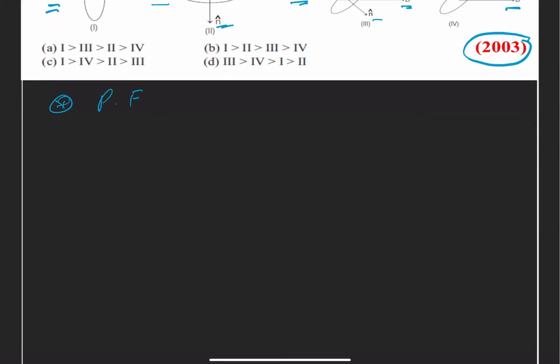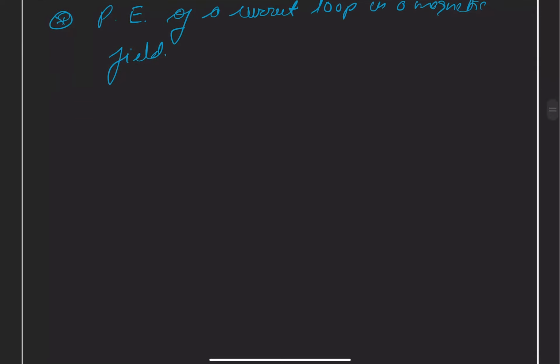So potential energy of a current loop in a magnetic field is given by the equation U is equal to minus m dot B, which is basically minus mB cos theta.